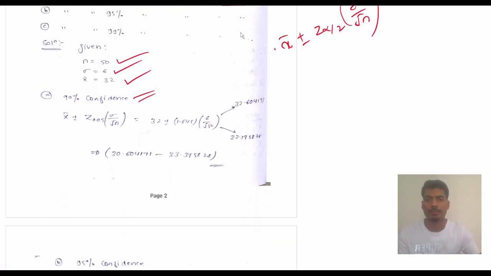So we write 1.645 and 6 by root n. If you solve this, you solve once for plus and once for minus. Then you can get the answers 33.60417 and 30.39583, so the range interval is 30.39 to 33.60. This is the range.